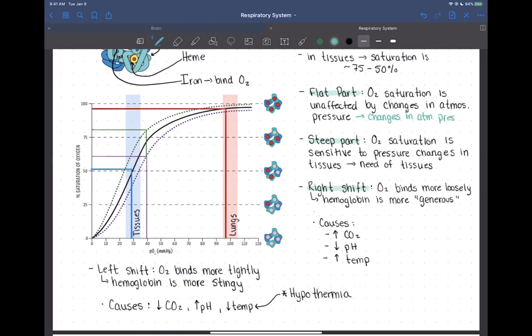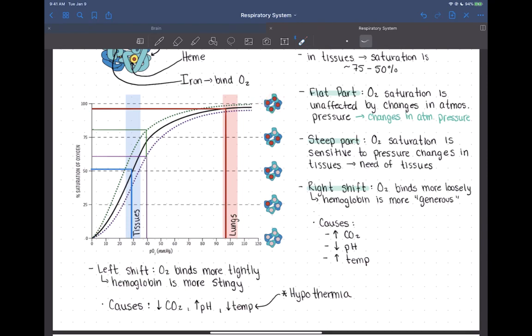So let's say you're maybe here in Georgia, and you travel to Colorado, you're going skiing or something, you're up in the mountains. That change in altitude causes a huge change in partial pressure. And so you can change that partial pressure like this, and you'll still get the same amount of oxygenation of your hemoglobin.